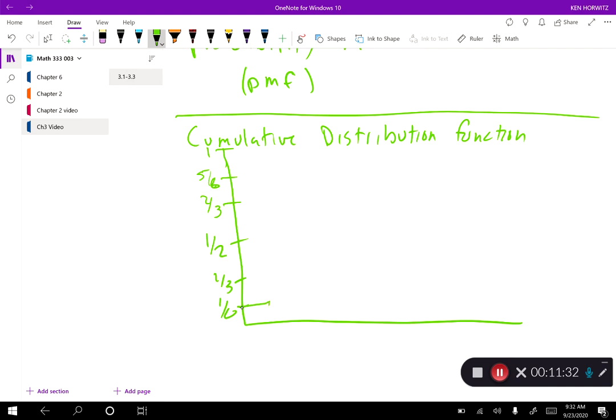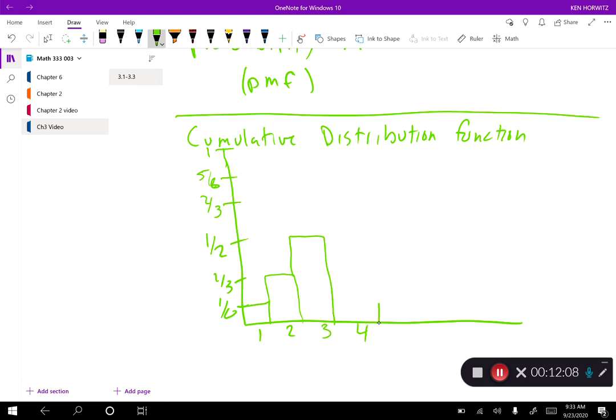So the probability of rolling a 1 is 1/6. Now, with a cumulative distribution function, we talk about not just the probability of rolling a 2, but rolling a 2 or less. So the probability of rolling a 2 or less is 2/6. Probability of rolling a 3 or less is 3/6. Basically, you take that probability and add it to the prior probabilities.